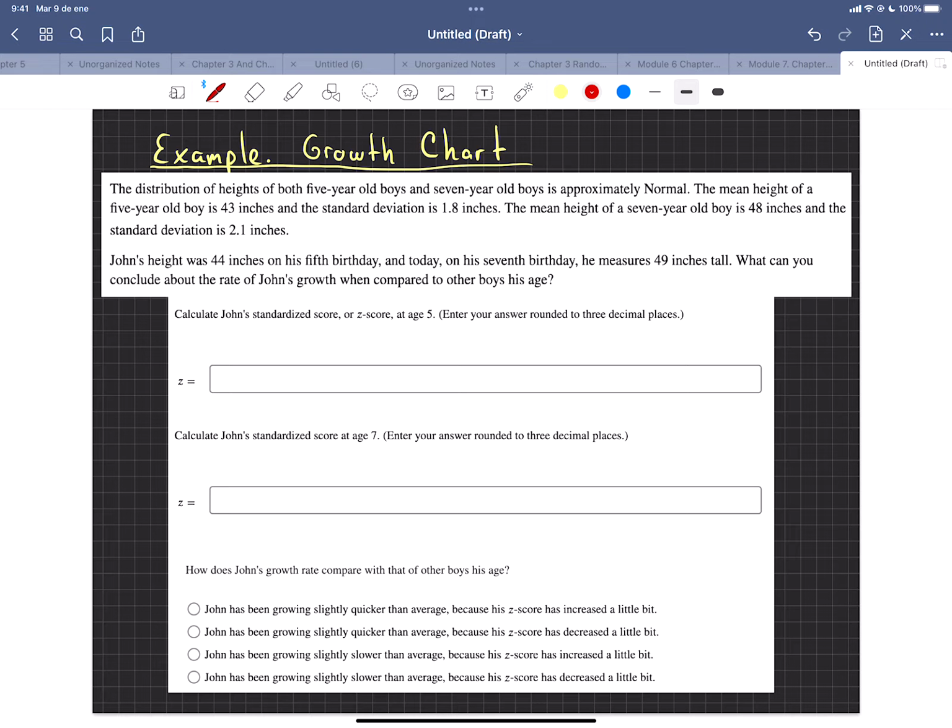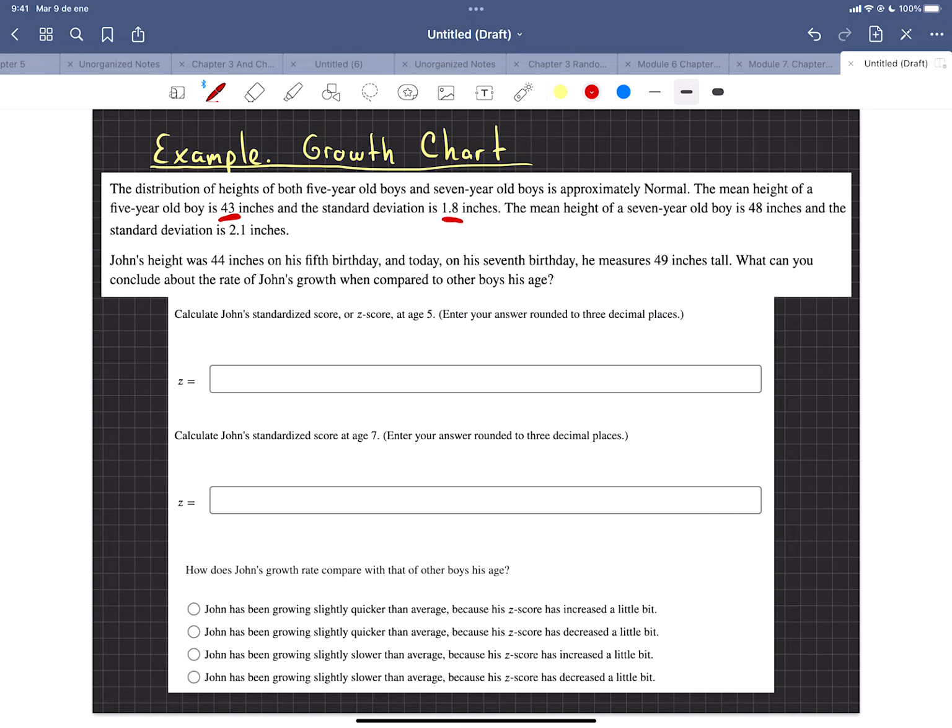All right. Example, growth chart. The distribution of heights of both 5-year-old boys and 7-year-old boys is approximately normal. What I mentioned before, many data sets or variables in real life follow a normal distribution. The mean height of a 5-year-old boy is 43 inches, and the standard deviation is 1.43 inches.